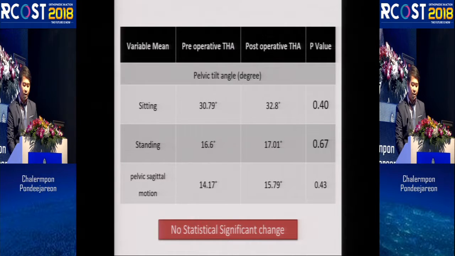The pelvic tilt in standing and sitting position did not show significant change between pre- and postoperatively. And we found that mean pelvic sagittal motion was 14.17 degrees preoperatively and 15.79 degrees postoperatively, and did not show any significant change.